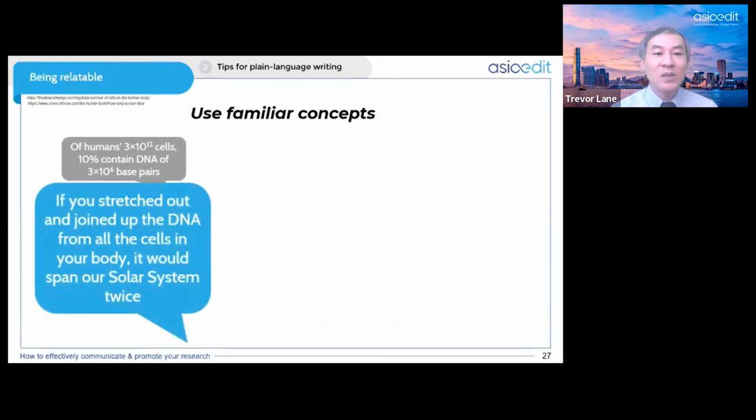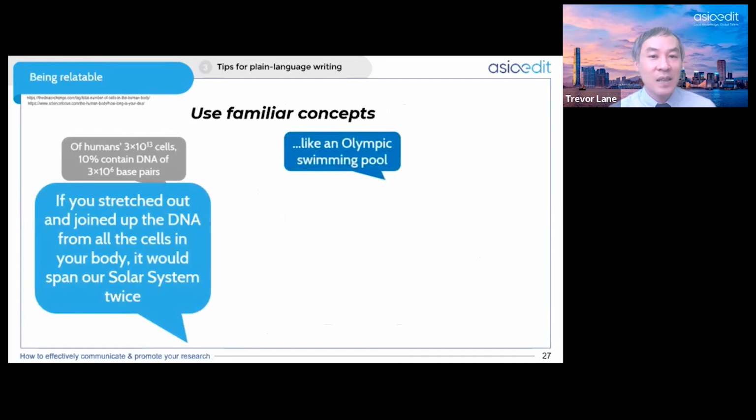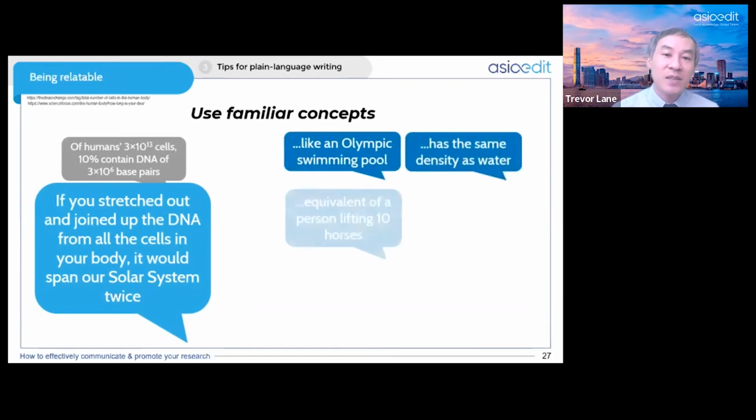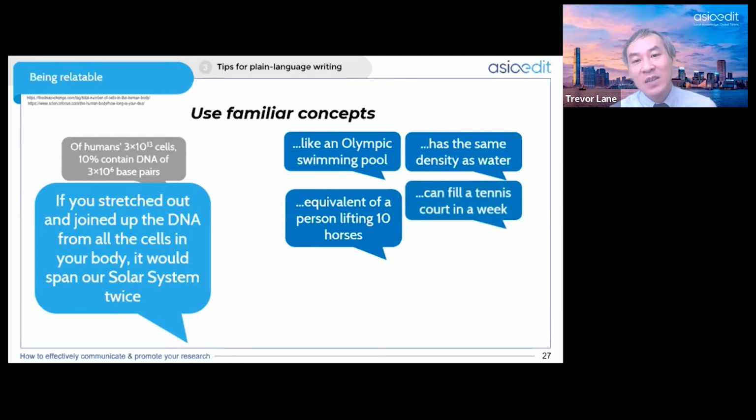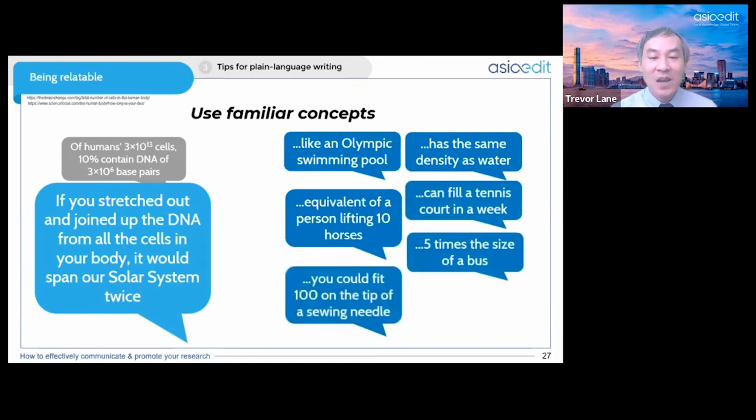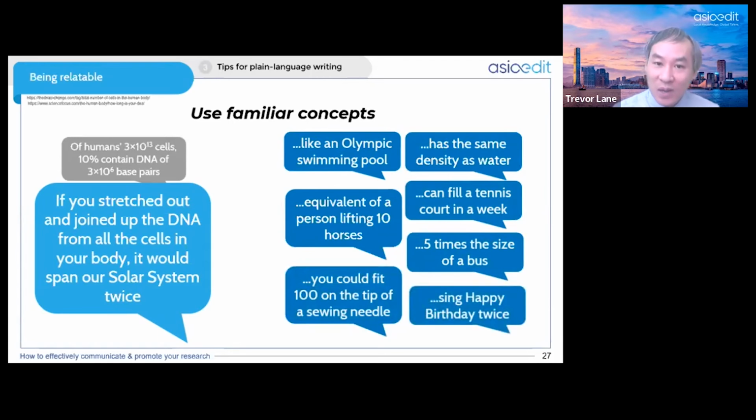If you stretched out and joined up the DNA from all your cells, it would span the solar system twice. So think of things like an Olympic swimming pool, has the same density as water, a person lifting 10 horses, can fill a tennis court, 5 times the size of a bus. You could fit 100 on the tip of a needle, or sing happy birthday twice. Of course, that's the timing for washing your hands because of COVID.